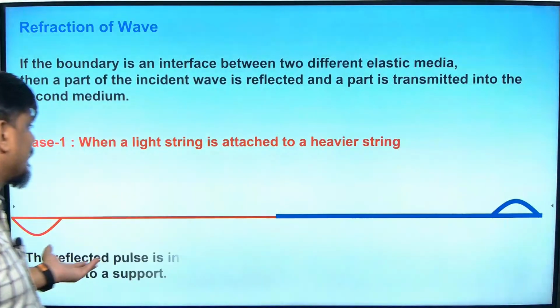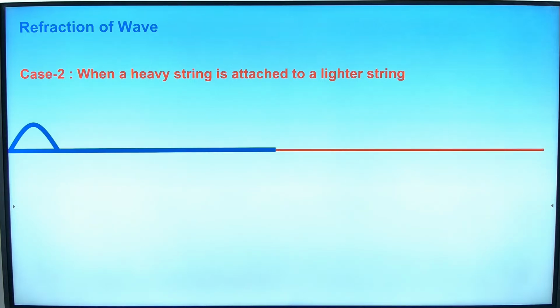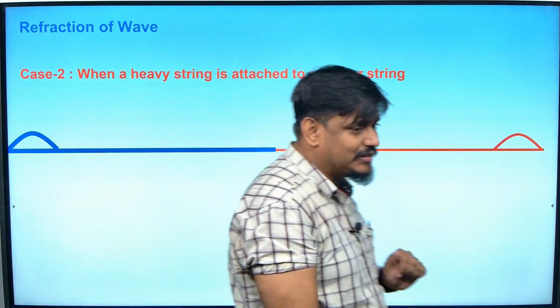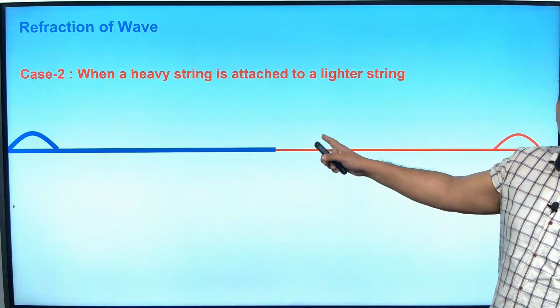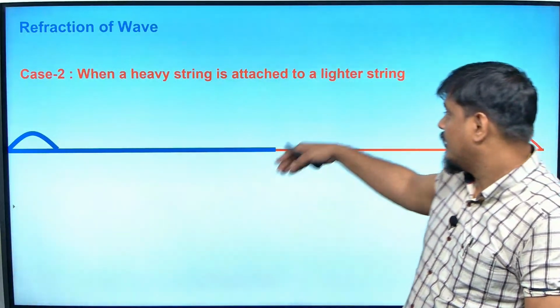Whereas the opposite happens when you have a heavy string encountering a light string. When a wave moves to that point, after it hits that point, what happens? You can see the wave travels in the same direction, no phase change happens. So incident wave has the equation y = a sin(kx − ωt), amplitude will reduce.